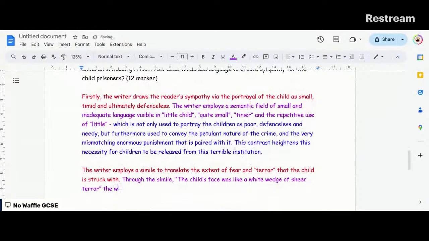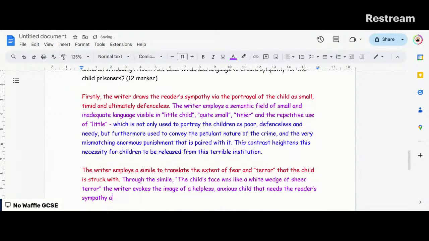We can say the writer evokes the image of a helpless, anxious child that needs the reader's sympathy by painting the victimized child.